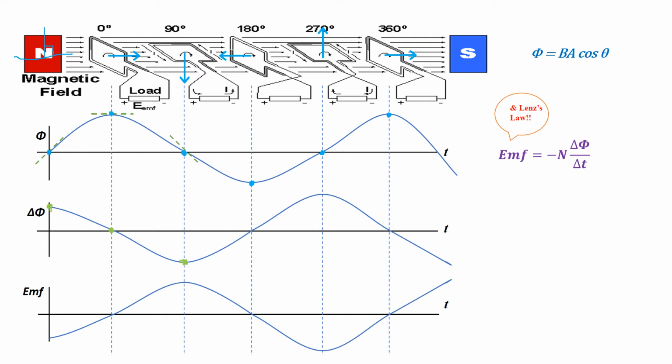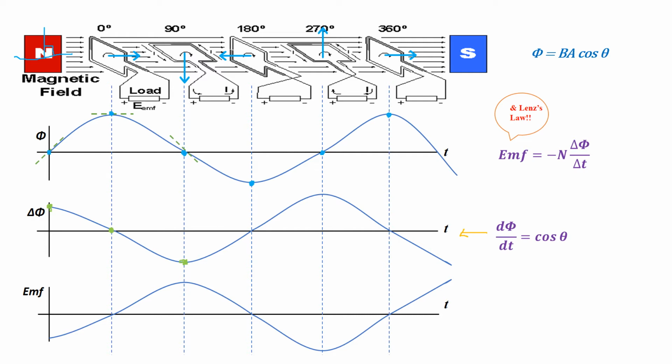Now if we do it through equations and we differentiate the sine graph, we will get that d flux over dt equals cos theta, which is this graph here.